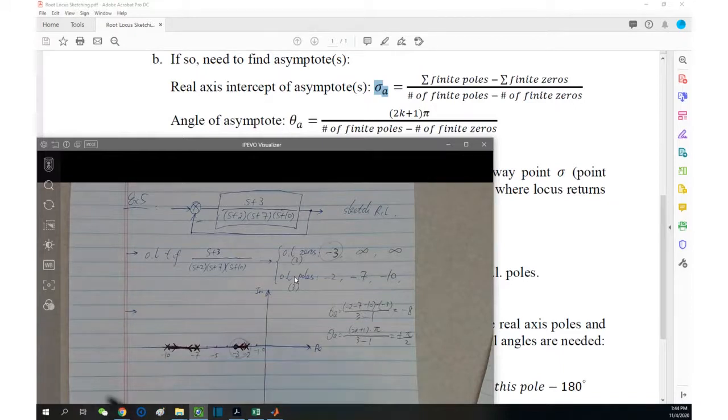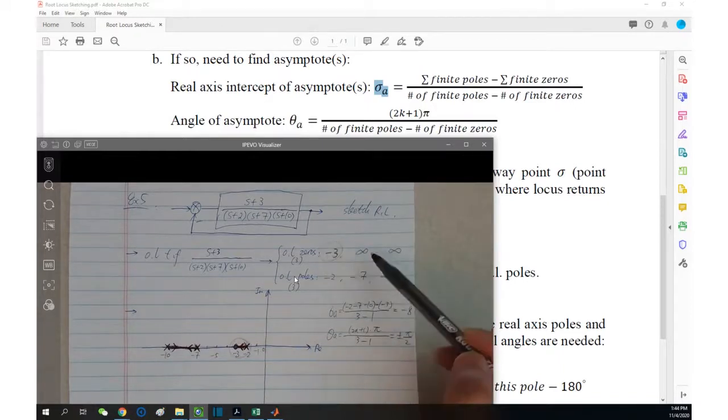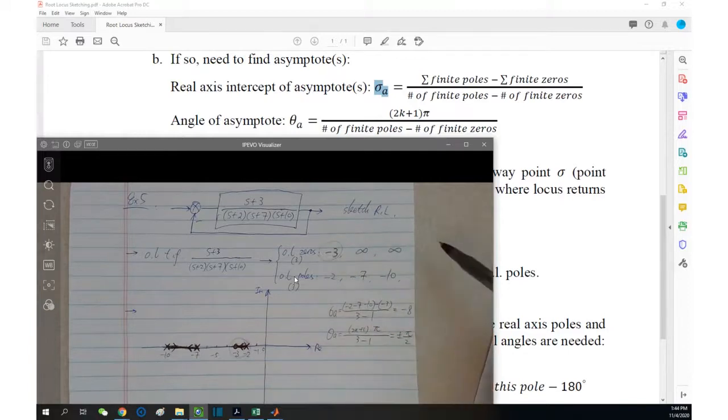How many finite zeros? I only have 1. These two are not finite zeros, they're infinite. So 3 minus 1. Right? Is it okay? Any other questions? All right, good.